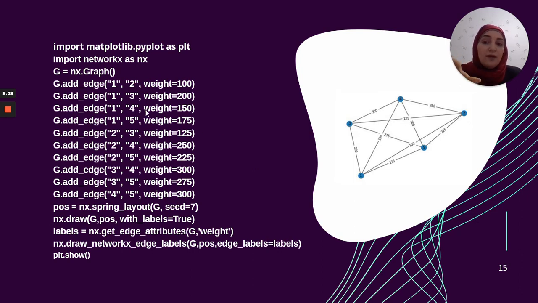So here we have conditions. If we take this path, Hamiltonian path, between the first edge and the second, we will print this weight. If we take this Hamiltonian path between edge 1 and edge 3, the weight will be 200, and so on.